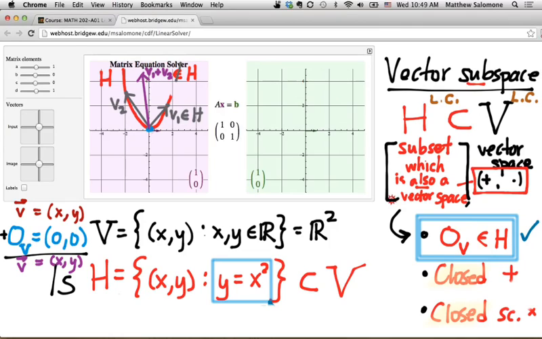Cross that out there. v1 belonged to H, v2 belonged to H, but their sum did not belong to H. Therefore, this second condition, the condition that our subset be closed under the addition operation in our vector space, is not satisfied. And because that condition is not satisfied, we immediately have our answer on whether or not our subset H is a subspace. The answer is no.